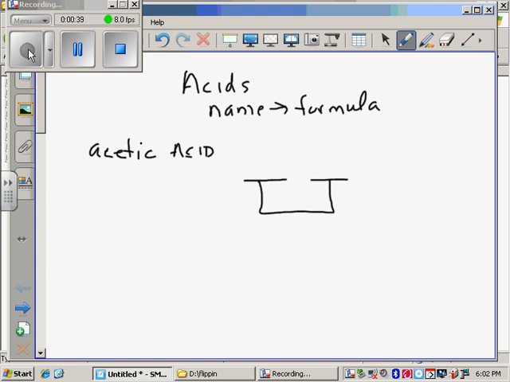On the left-hand side would be the hydrogen, as we know. We don't know how many. We're going to have to figure that out. And on the right-hand side would be what? Well, we have to remember that acetic, the ic came from ate. So at some point in time, this ion on the right was the acetate ion.